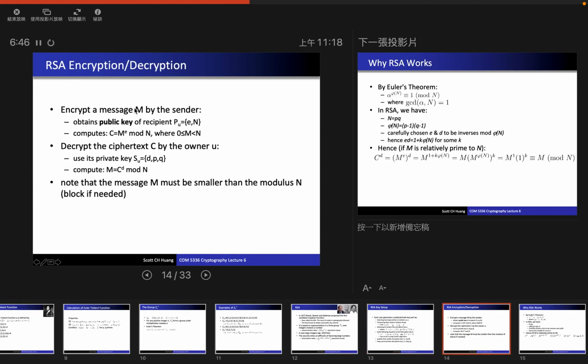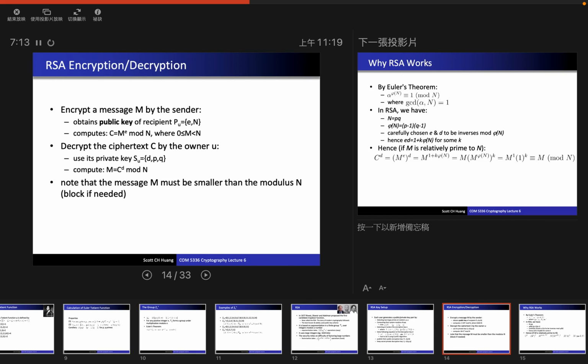Encryption and decryption. Let's see how to encrypt. The plain text is M. The plain text you first have to convert into a number. This can be any decimal number, because everything is calculated mod n.